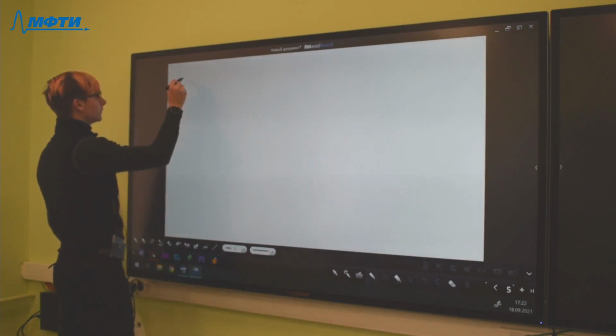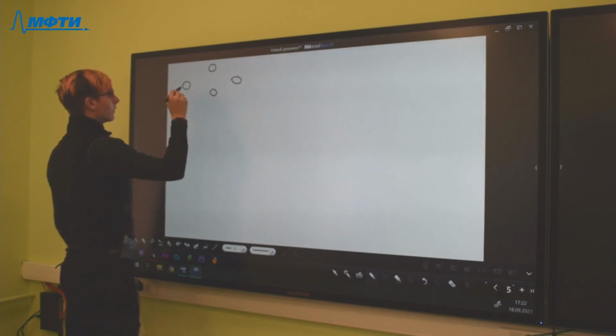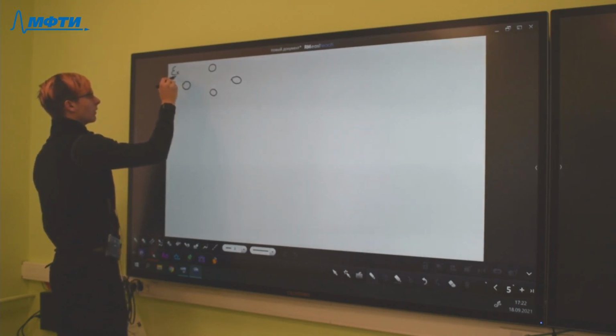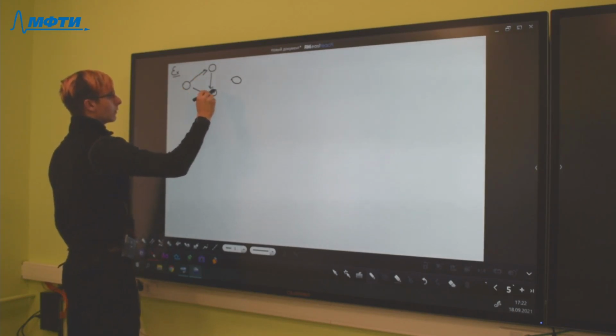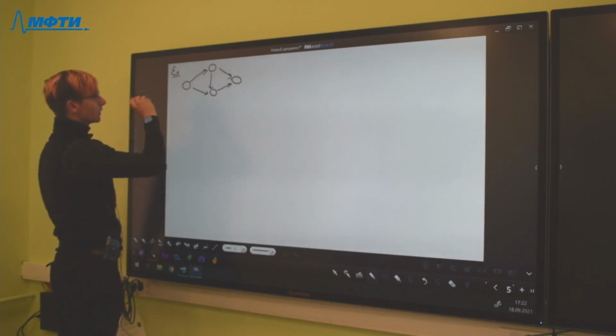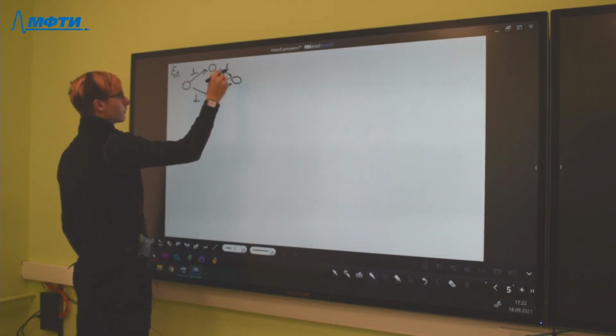For example, if we have this network with capacities equal to 1.